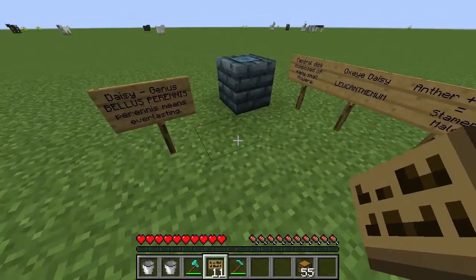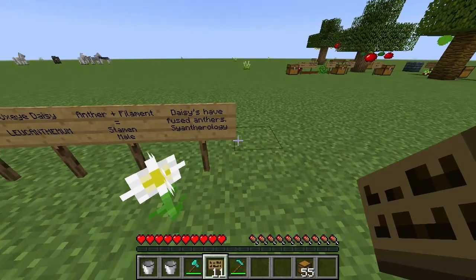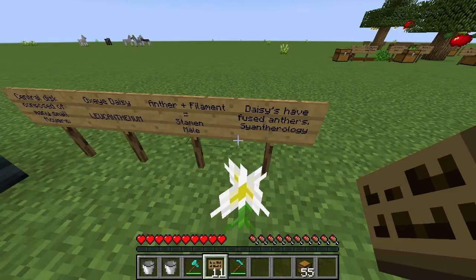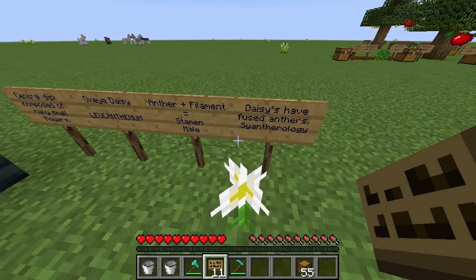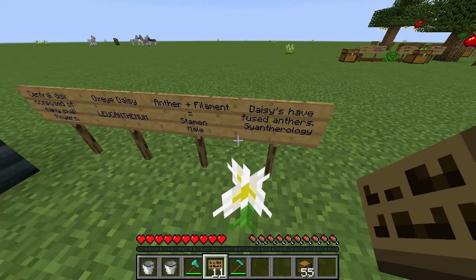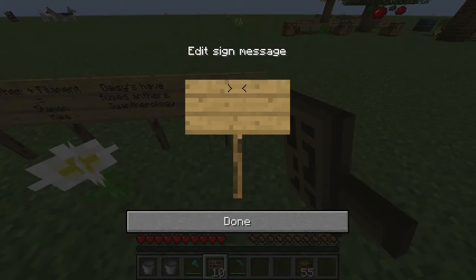But yeah, actually I did want to talk about one more thing. So it's synantherology, right? And there's other things as well. If you have fused carpels, so this is when the pistil, because the stamen is the male and the pistil is the female, basically. That's how it works.